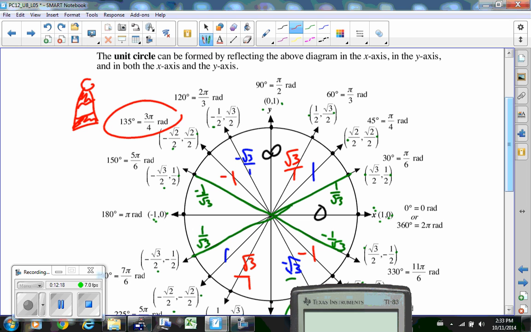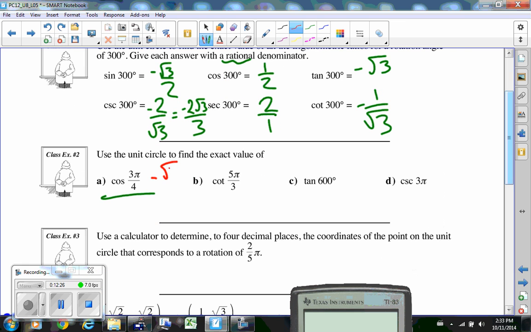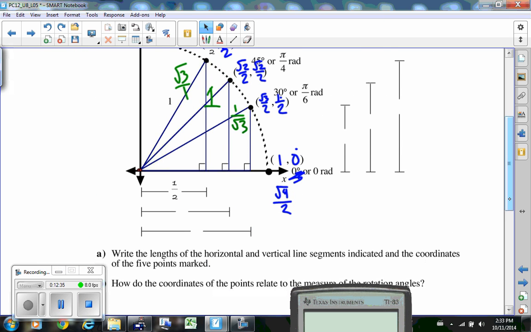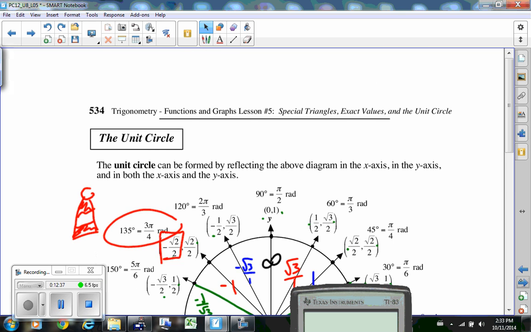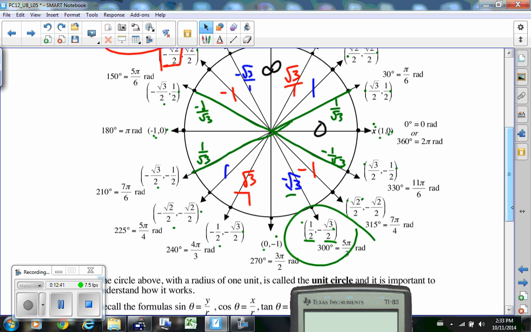But the cos is the x. Sine, cosecant, tangent, so that's going to be -√2 over 2. My cotangent of 5 pi thirds: I look back here, I find my 5 pi thirds, which is right here.